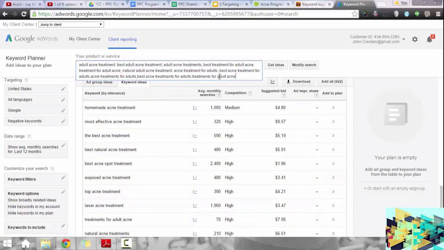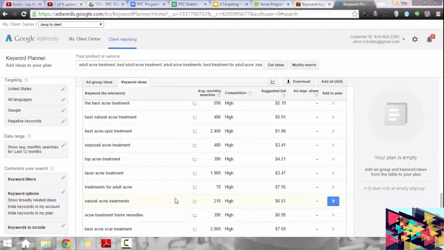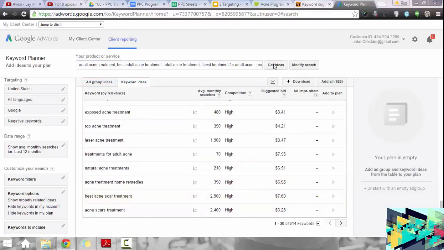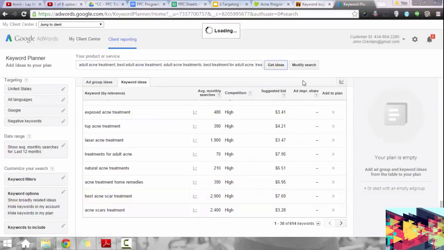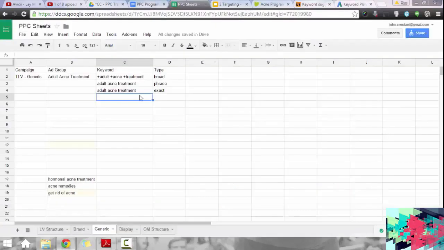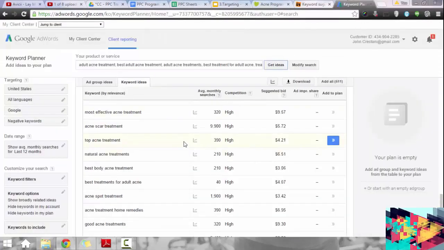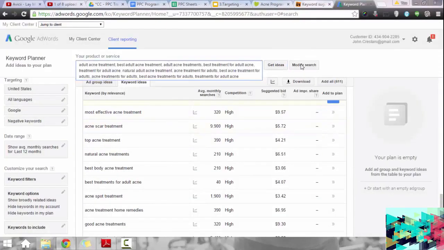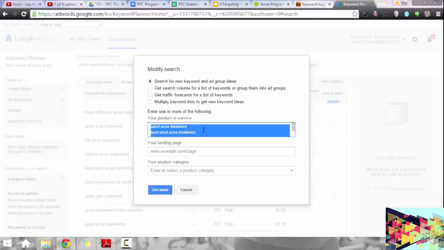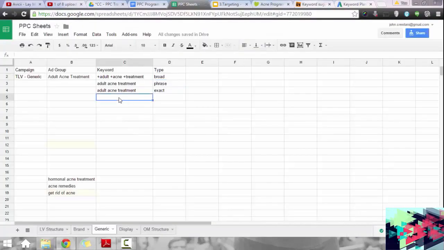Keep in mind, every one of these terms is going to still match for adult acne treatment in modified broad match. Every one of these terms I'm mentioning. The thing is, though, by giving Google more specific search terms, what's going to happen? So now I'm just going to copy and paste this back into the sheet.